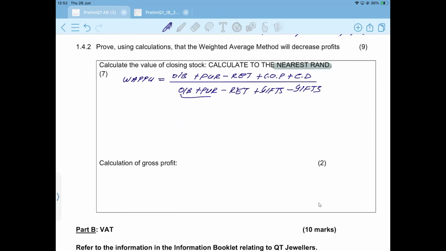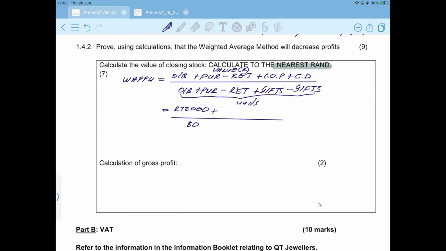Please remember, the denominator is units, the numerator is values. Values are normally in rand value. According to this, the rand value of opening was 72,000. And the units were 80.